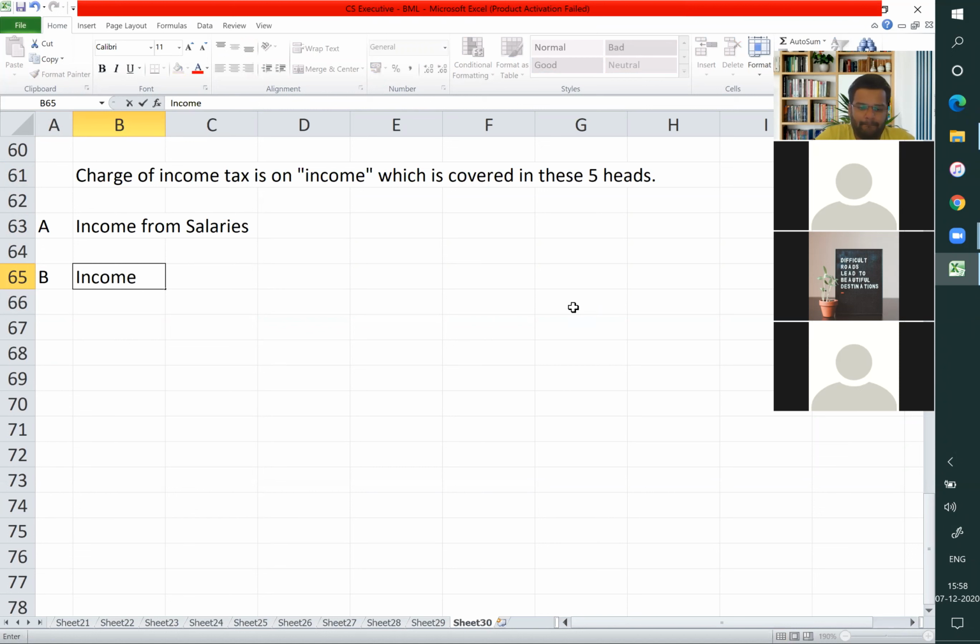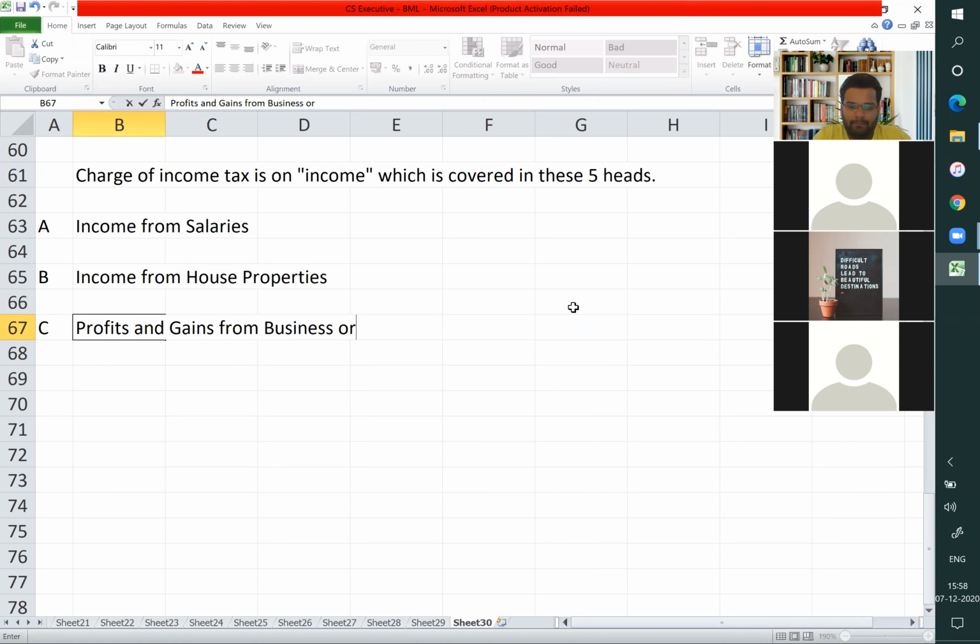Income from house property. C. Profits and gains from business or profession. D. Capital gains. And E. Income from other sources.